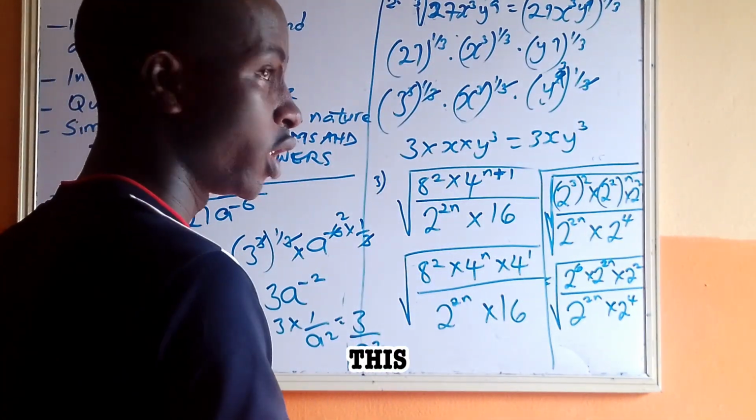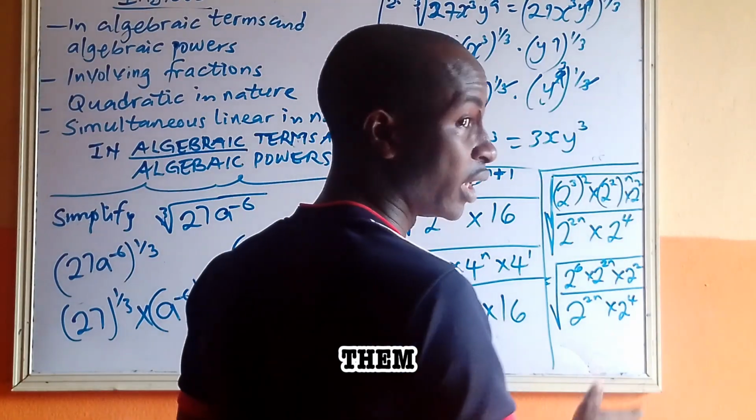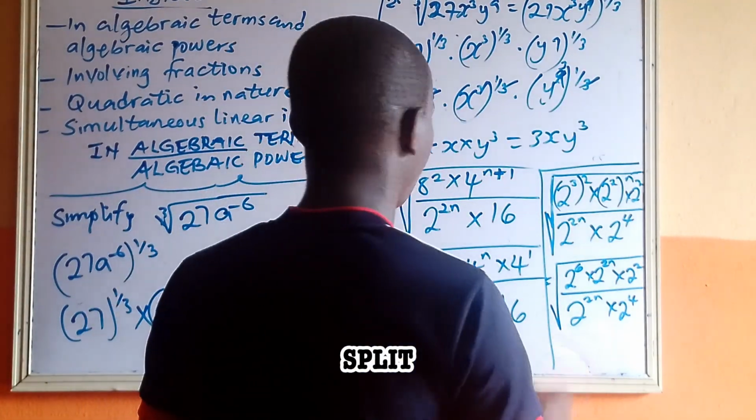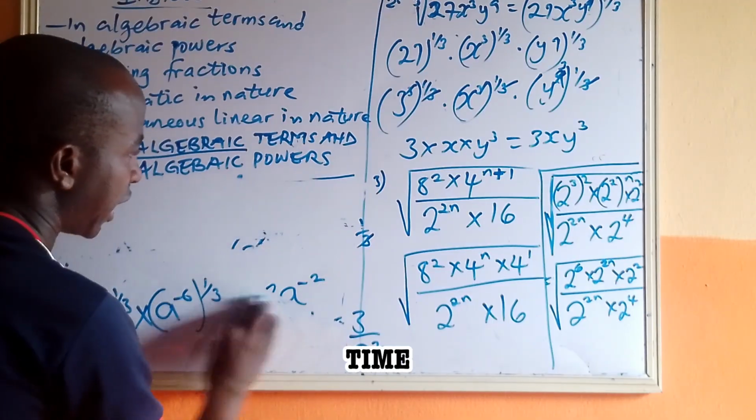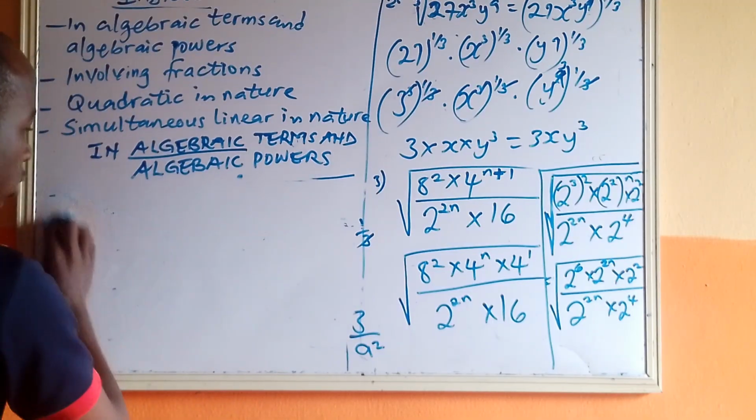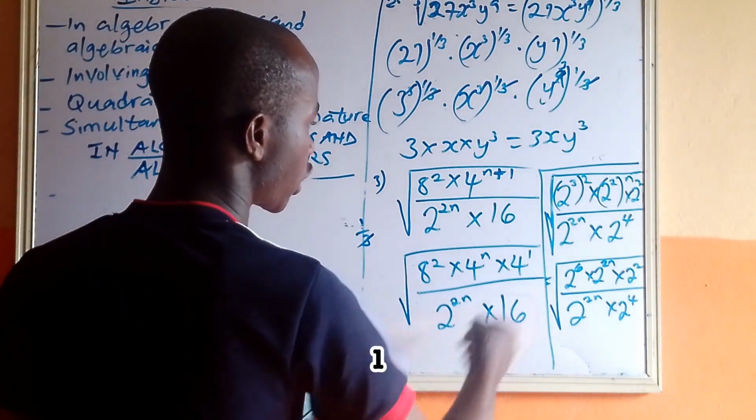So with this, if I want to split them, by the time I splitted it, the square root, remember square root means 1 over 2.